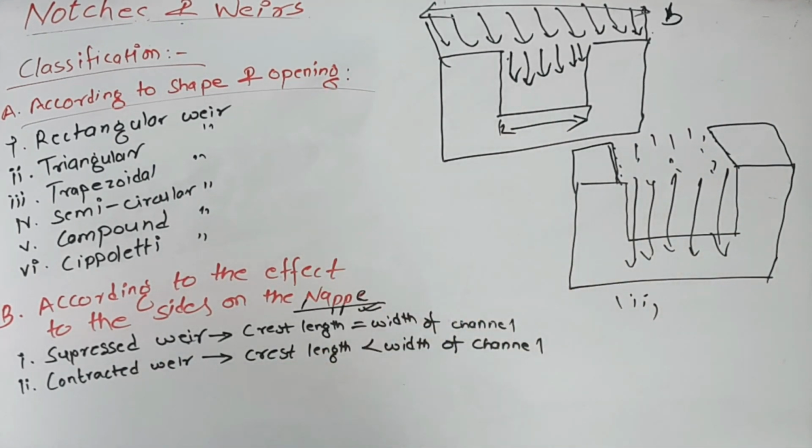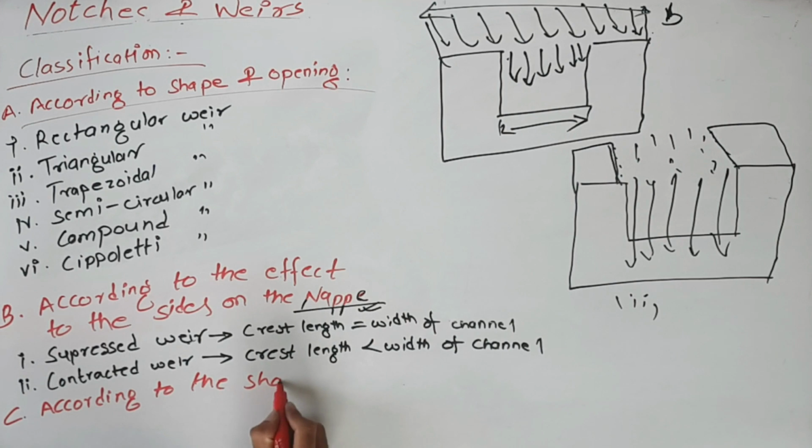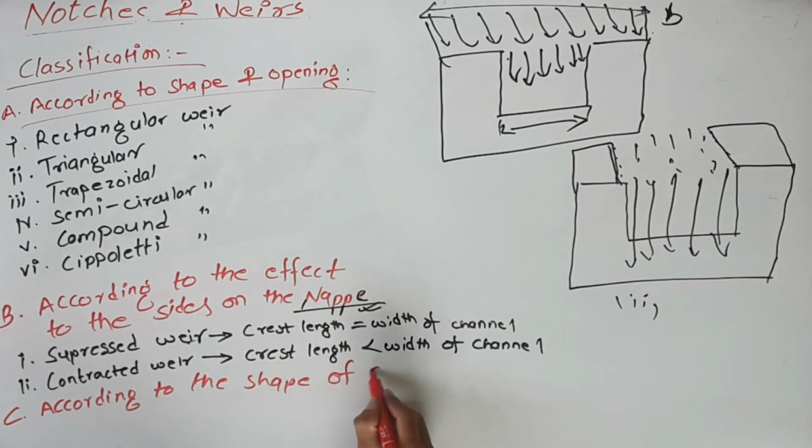Now we move to another classification according to the shape of the crest. According to the shape of the crest, we have different types of weir. First one is sharp crested weir.